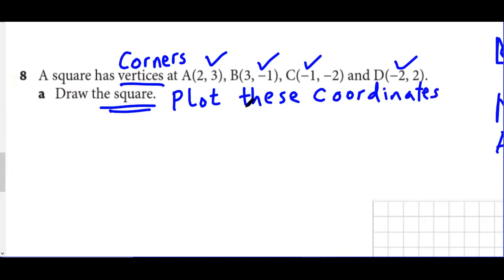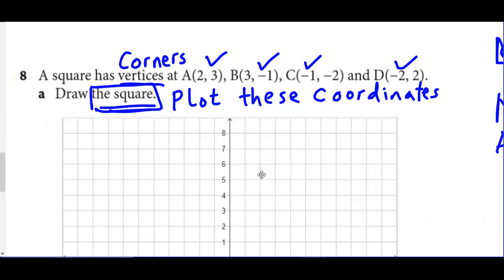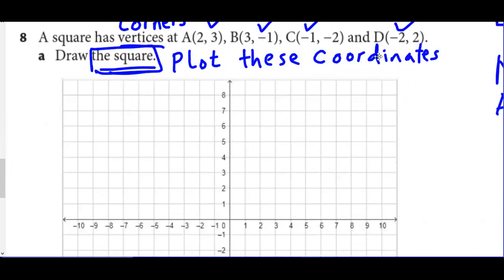After plotting these coordinates, you connect those 4 points to get the shape, in this case, the square. So go ahead, take a graph paper, plot these points, and then you're good to go. But for demonstration purposes, I've got my graph paper here, which I'm going to quickly use. And then I join these points to get the shape of a square.